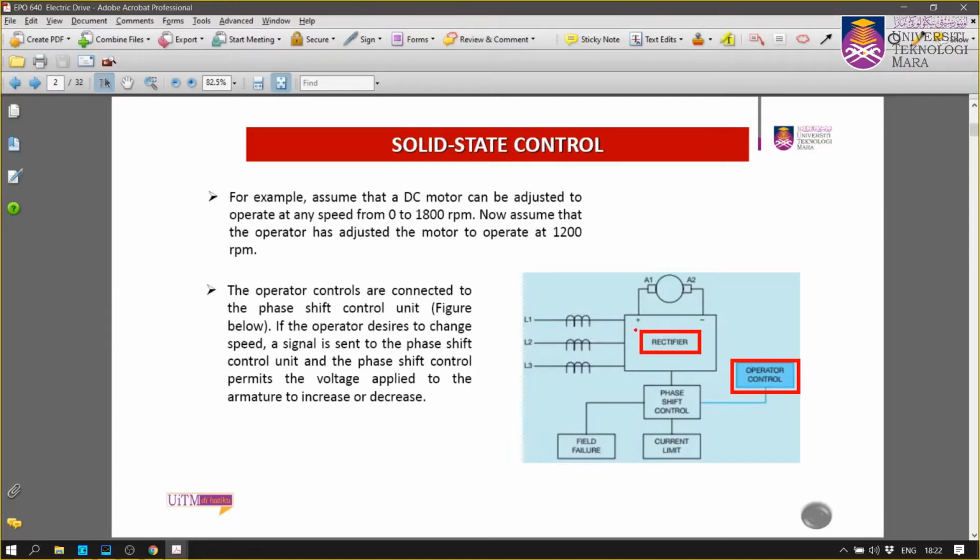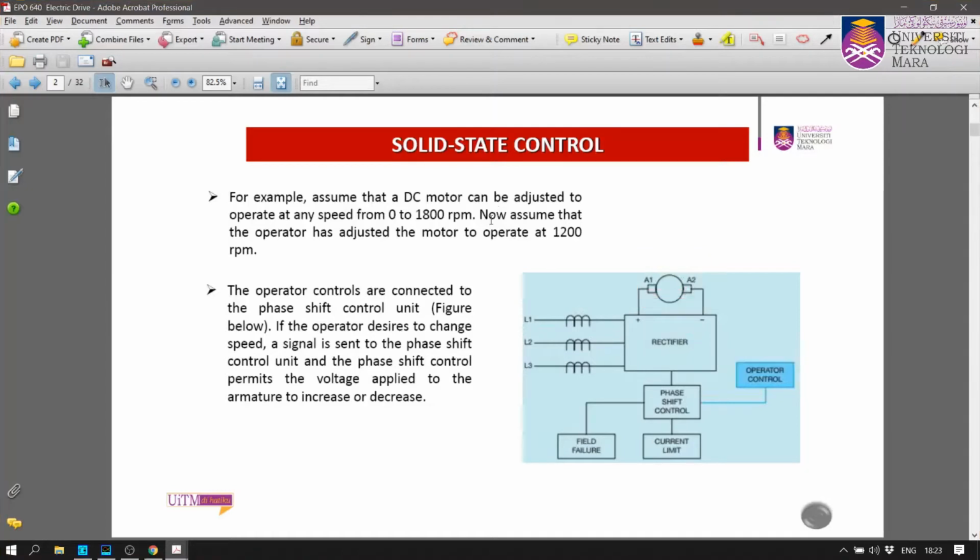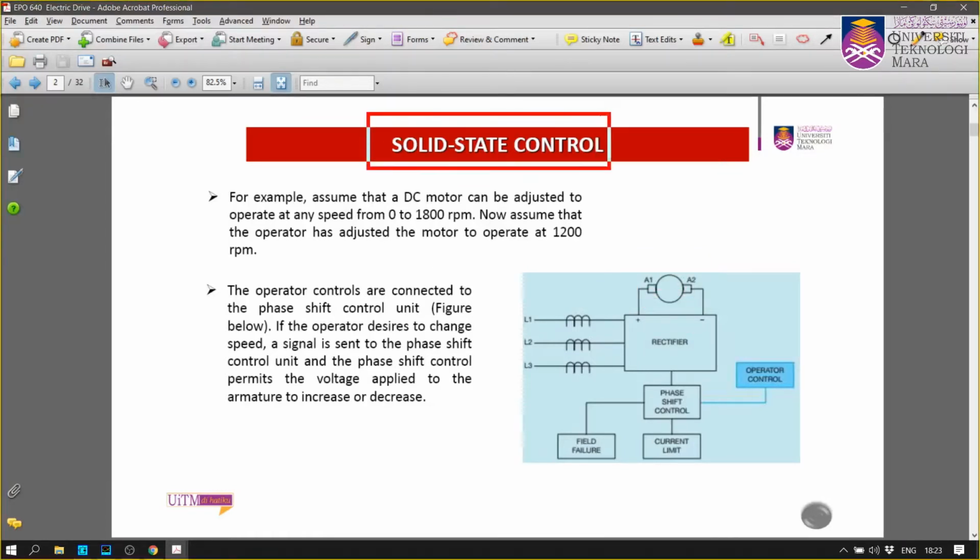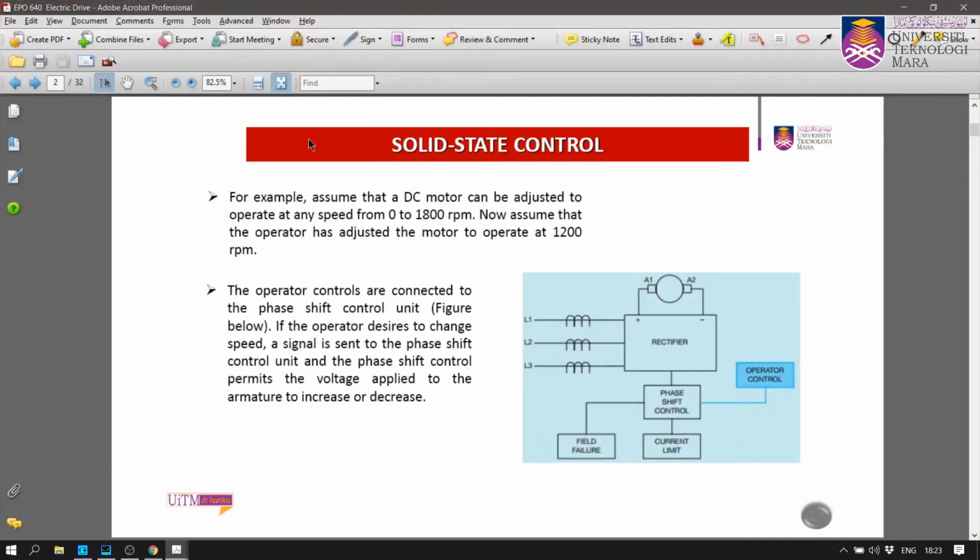You will see the DC voltage across the nodes here, and therefore you can change the speed of the motor. So therefore we need to have a solid state control. We call it a solid state control: the rectifier plus the phase shift control. You use a circuit to control the rectifier.